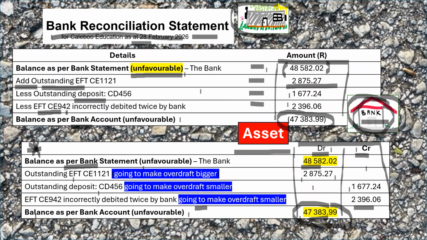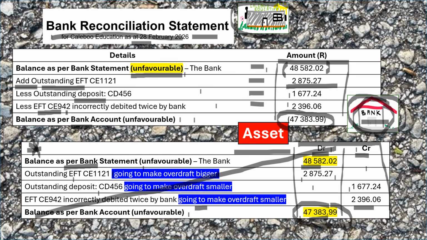So in our tests and exams, we're going to use this top format in order to calculate or reconcile the bank statement balance with our bank balance, because the purpose of a reconciliation is to record those differences that are causing the bank balance in our books to be different to the bank balance on the bank statement.